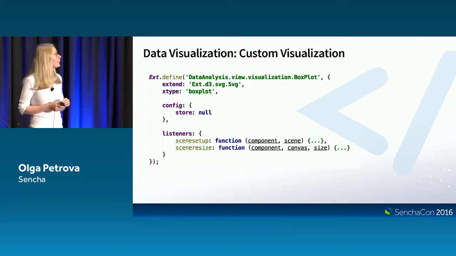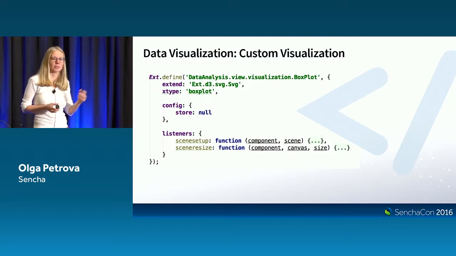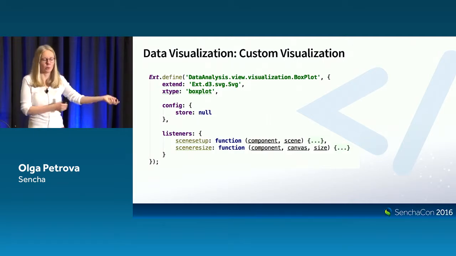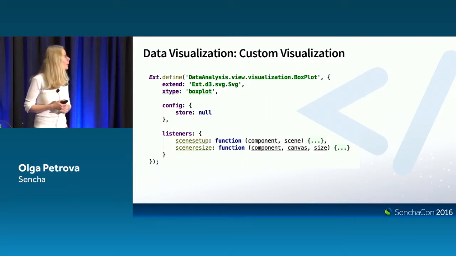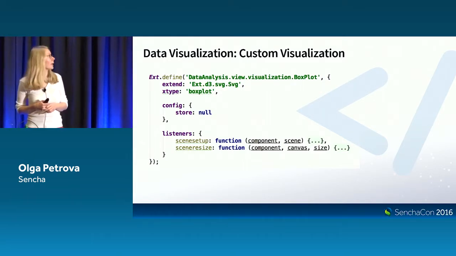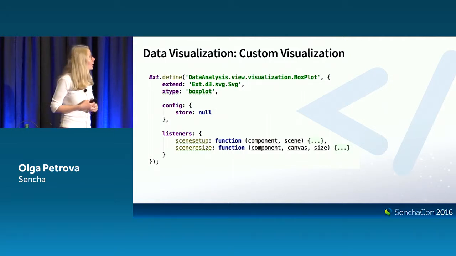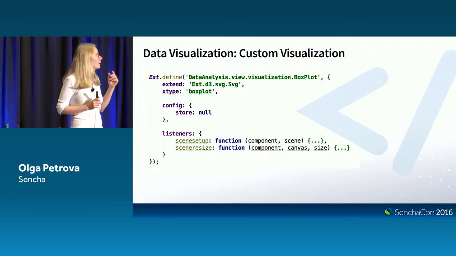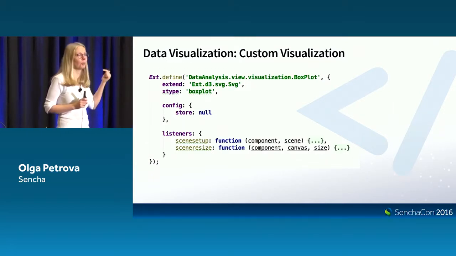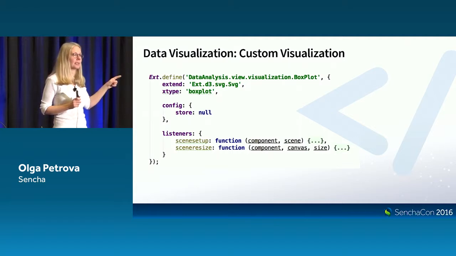To use it, you just need to copy the code from the D3 JS website to your application, add a reference to this file in the app.json config file, and then extend the standard D3 SVG component, define your own xtype, bind your store, and add listeners to two important events, scene setup and scene resize.